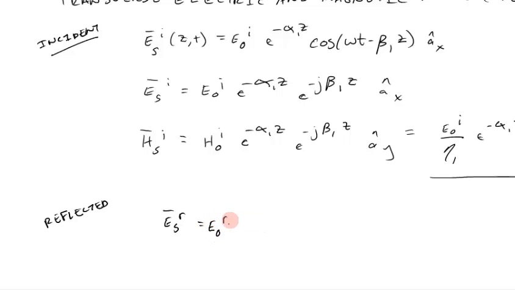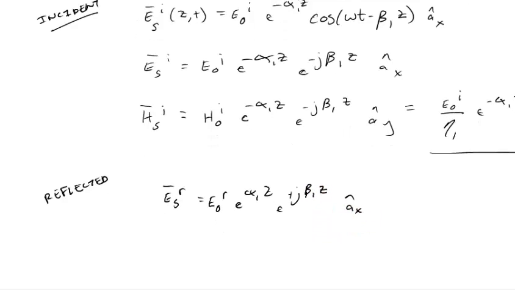E0 of the reflected, e to the alpha 1 z, it's still in media 1. That alpha does not have a minus sign on it because it's traveling from left to right. And then e to the plus j beta 1 z, it's still going in the a hat x direction.